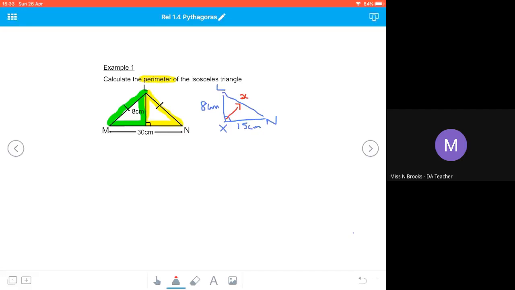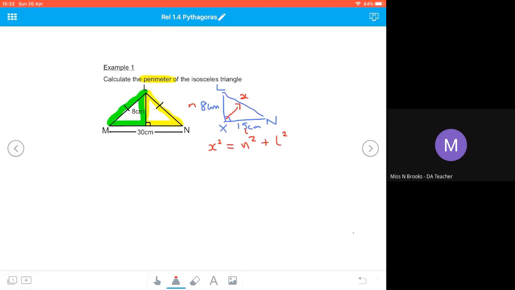So putting it into Pythagoras' theorem, I know that x squared equals n squared plus L squared, where L is this side here, which is 15, and n is this side here, which is 8. So I'm going to substitute my values in.